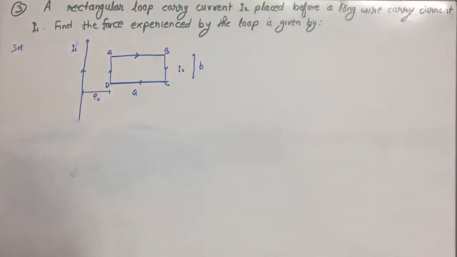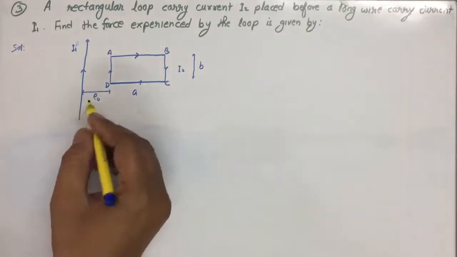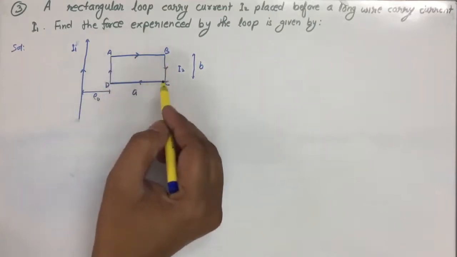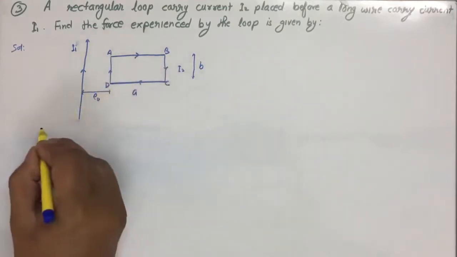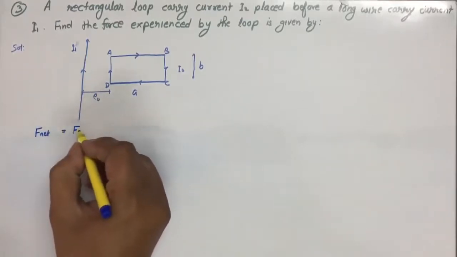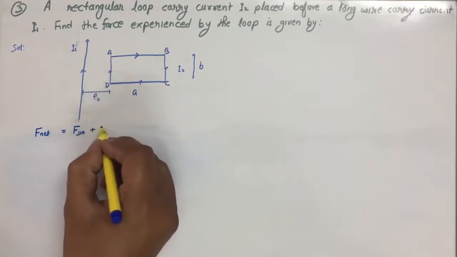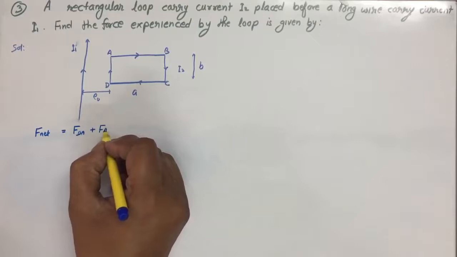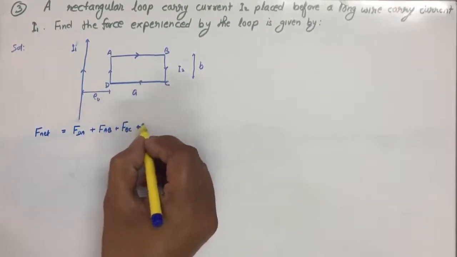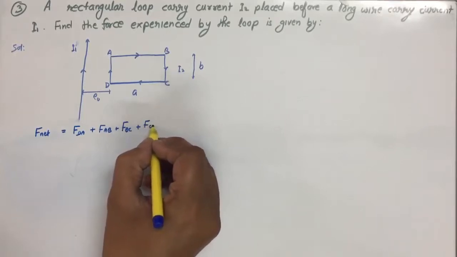Now the force experienced by the loop will be the force experienced by elements DA, AB, BC and CD. So the net force will be equal to F_DA plus F_AB plus F_BC plus F_CD.